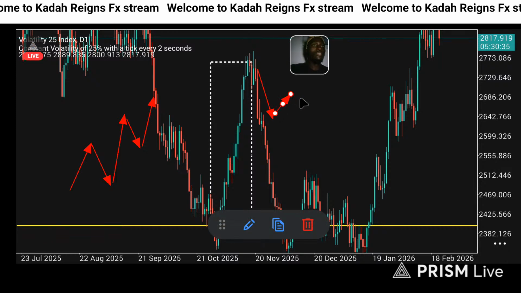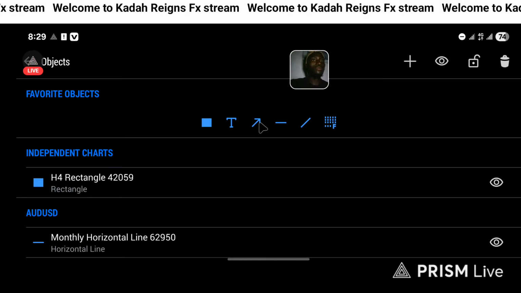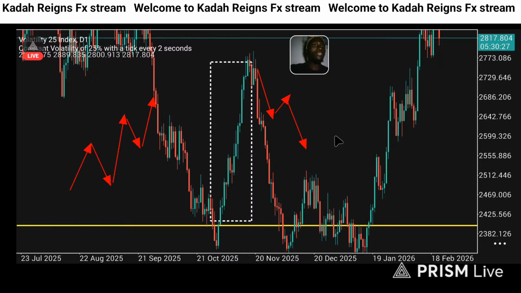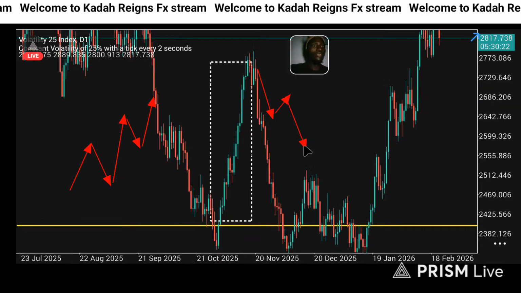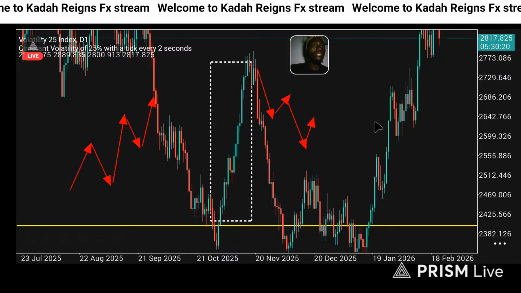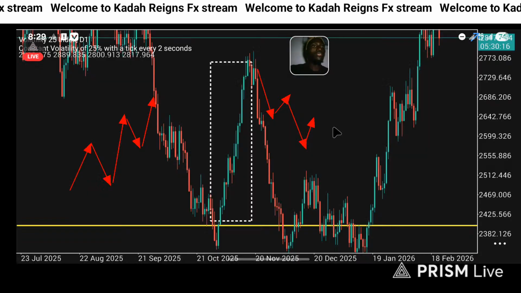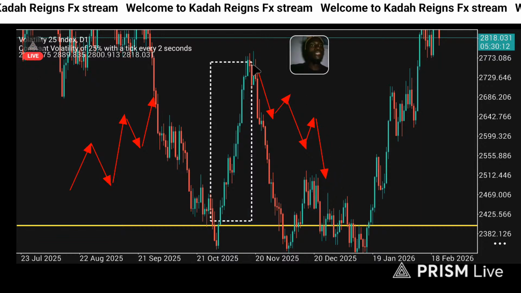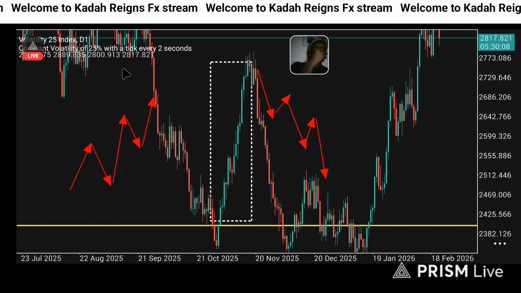Then it comes down to make a new lower low, something like this, right? Then it makes a new lower high, and then it makes another new lower low, right? So this is how price moves. To the right, this is a bearish market structure, then to the left, this is what, a bullish market structure.